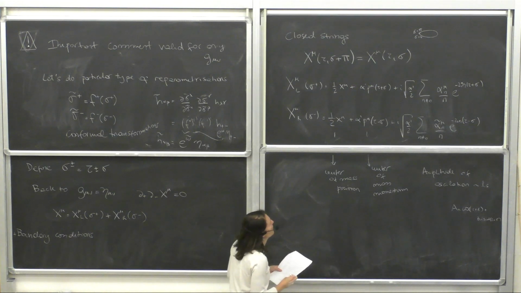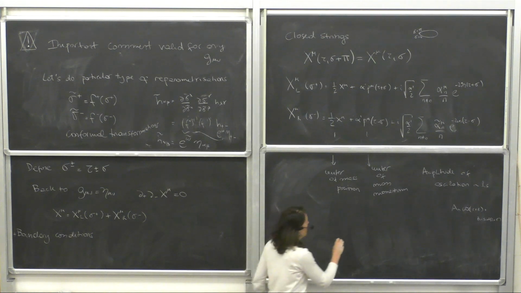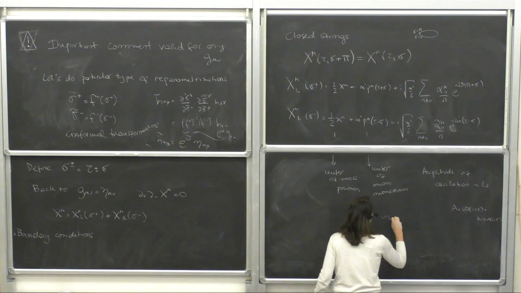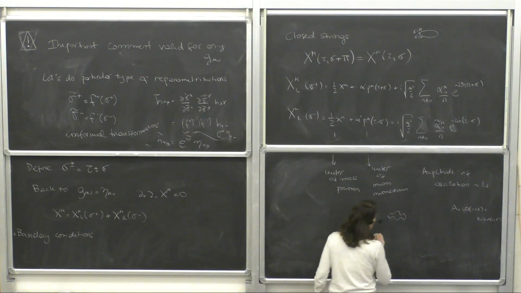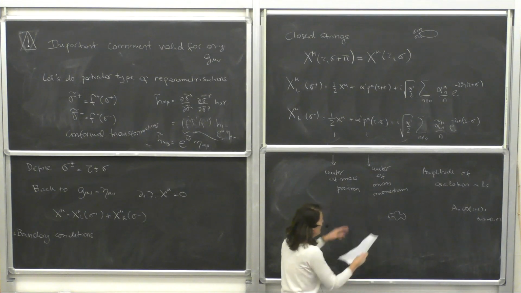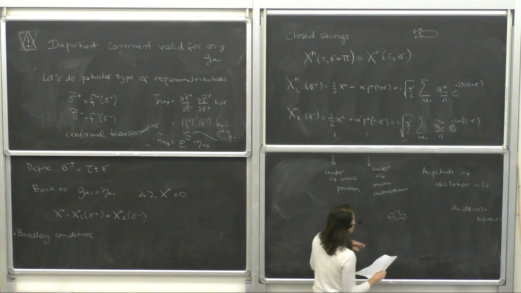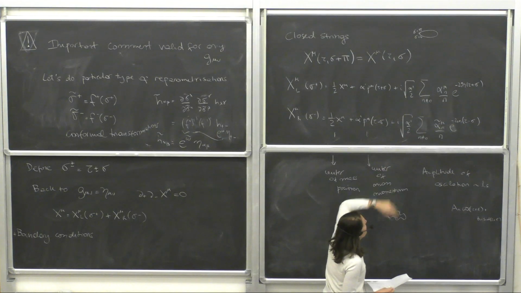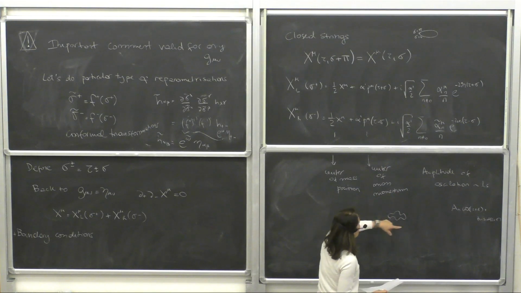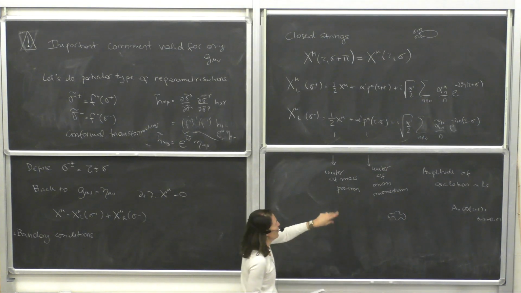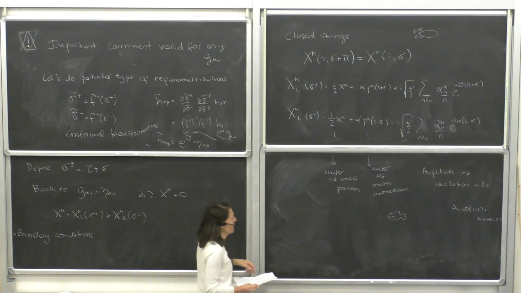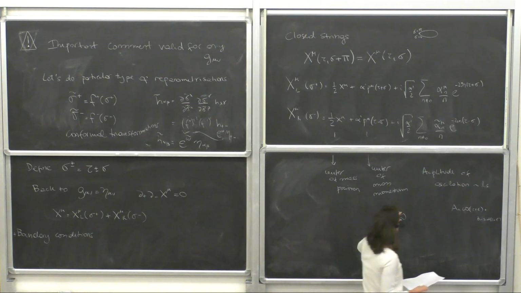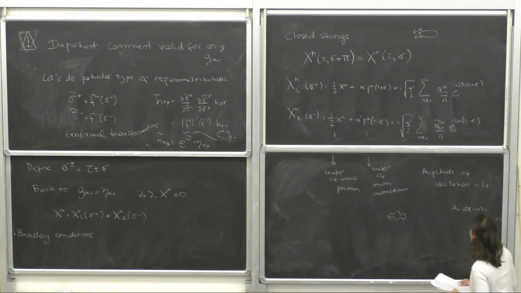So the string is oscillating. It's easier to see with a closed string, but it's oscillating to the right and to the left. So there are oscillations that are right moving and oscillations that are left moving, with a typical amplitude that is L string.